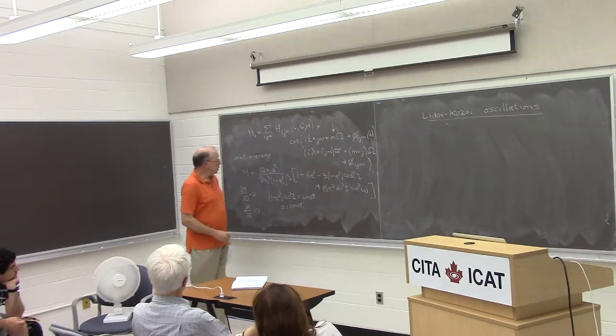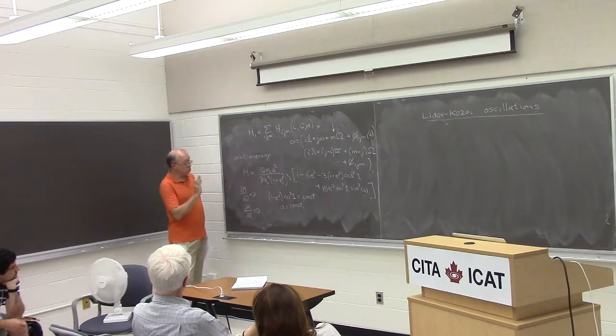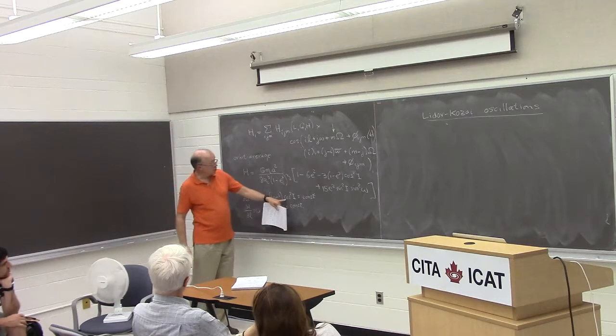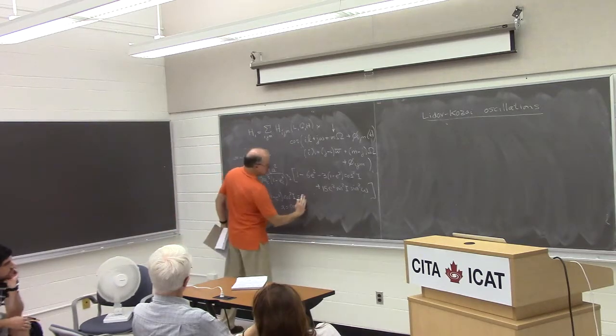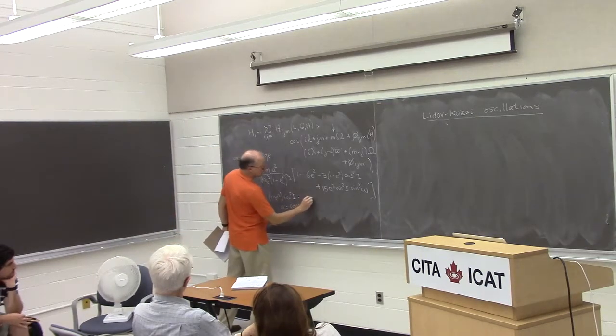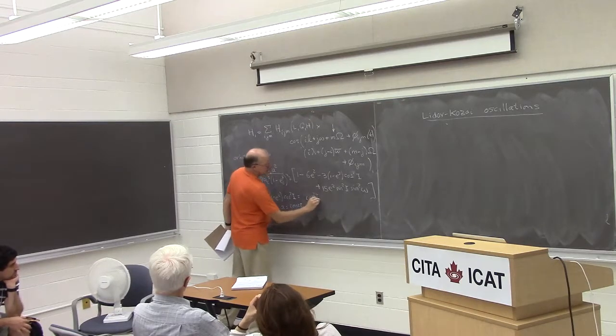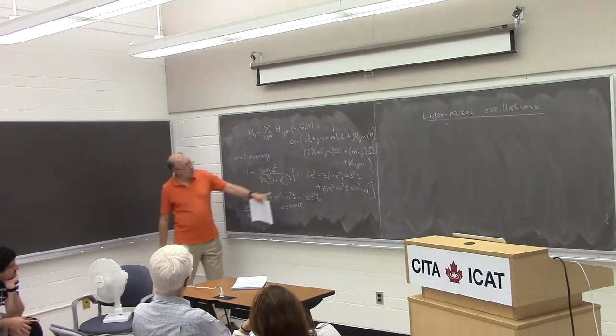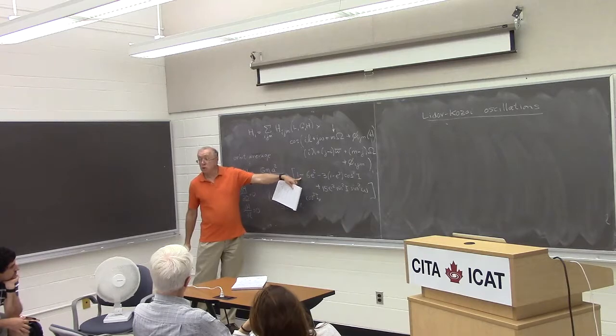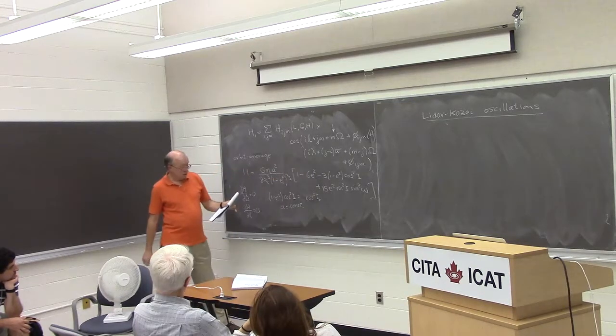I'm going to assume that the orbit is initially circular with some initial inclination, so I can replace this constant by cos² I0. And to see what's going to happen, I just have to demand this quantity stays constant.